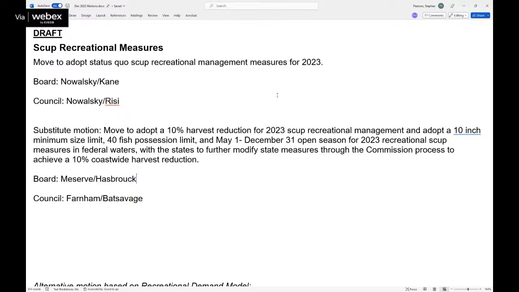So that's where I was coming from with the January through April closure, in part to get rid of these MRIP outliers and probably have very little impact on the harvest in the states. So if this would pass, I'd certainly be interested to entertain an amendment to change that season though.